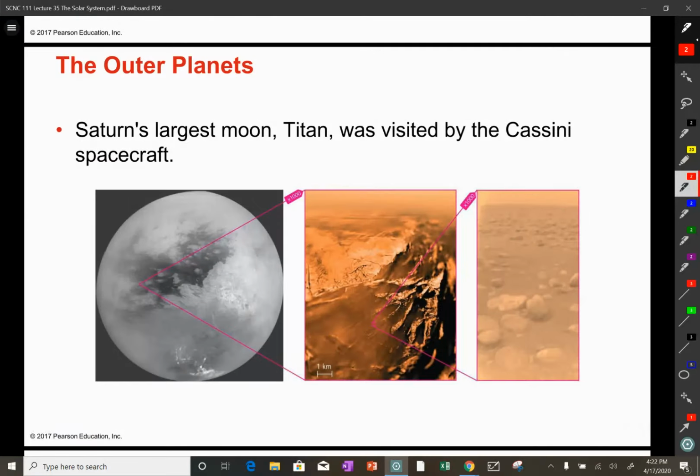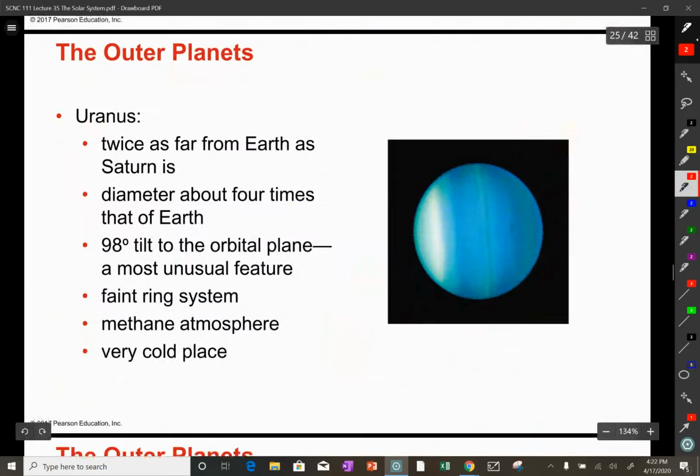Saturn has 1 large moon and, once again, over 60 small minor moons. The 1 large moon is Titan, like the Titans in mythology. And Titan has actually been visited by the Cassini spacecraft. It's extremely cold, and its surface doesn't look all that bizarre. That's all we're going to see about Titan.